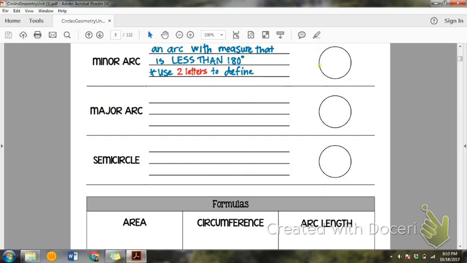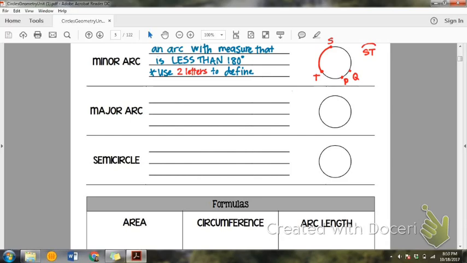Okay? So let's draw a minor arc. We'll start here maybe and go to here. And we'll call this S and T. So this is arc ST. Now even if you had other letters over here, if I had maybe P here and Q here, we can still say that arc ST is a minor arc.